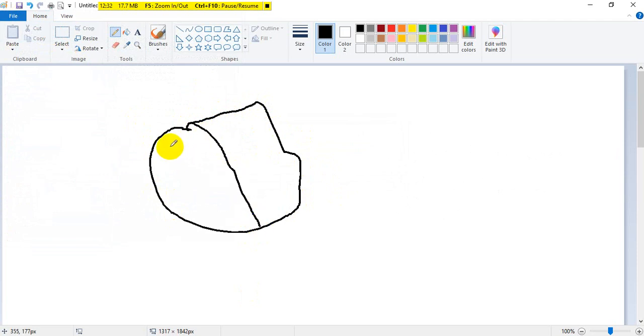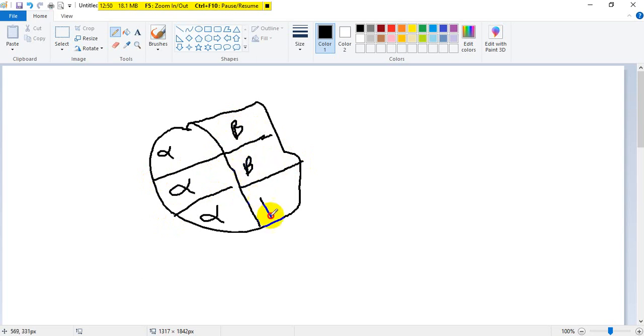We have the alpha cells, we have the beta cells. And this whole structure is the what? Pancreas. So the pancreas, we have the alpha cells and the beta cells.